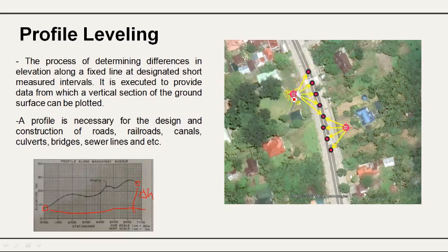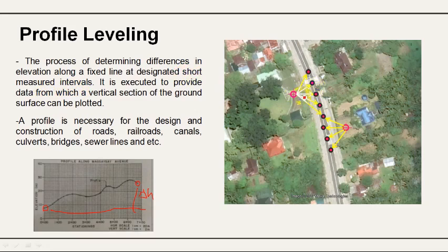In our leveling, we take a backsight to our reference or benchmark 1, our known elevation. Then, we take the foresight to our turning point. But in profile leveling, we take a set of shots or measurements at short intervals.